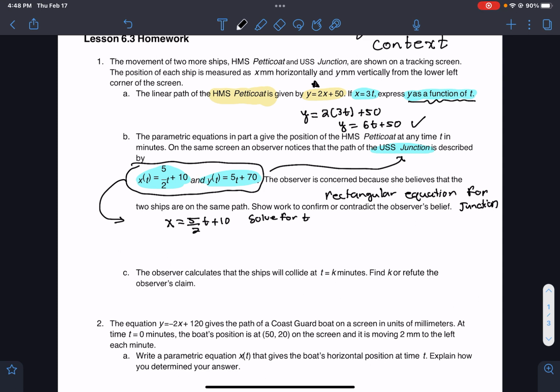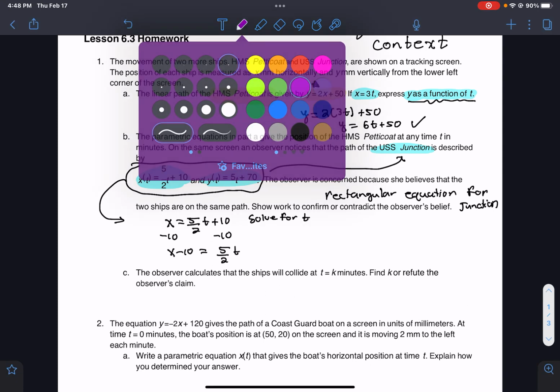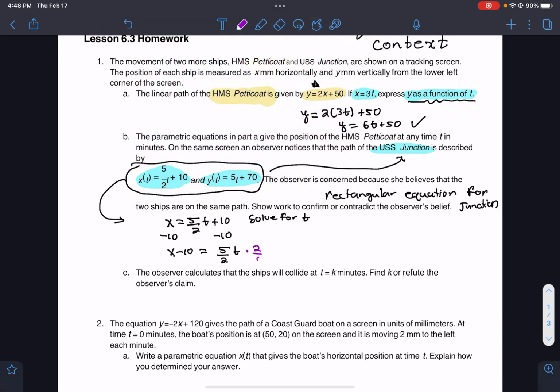So we'll subtract 10. And then if we want to get rid of 5/2, we're going to multiply by the reciprocal. And we're going to get t equals 2/5 times x minus 10.